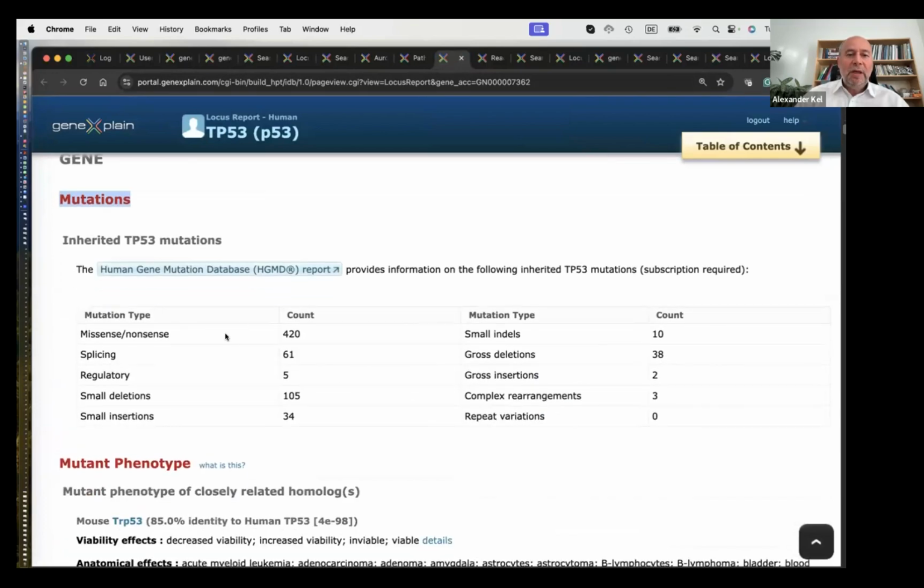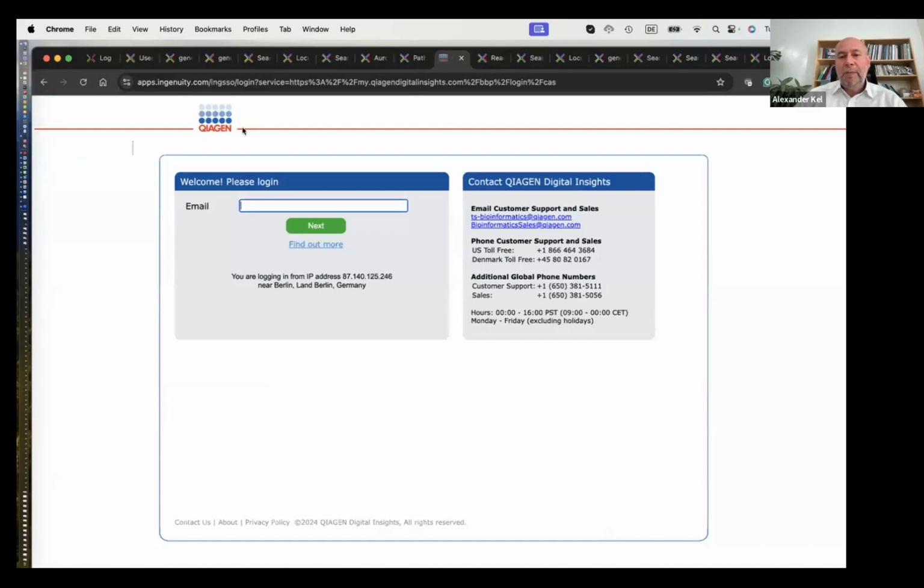As you can see, these mutations reflect mutations in the human gene mutation database, HGMD, which we don't have in our portfolio. But if you click on this, you get a QIAGEN page where you can subscribe to HGMD.